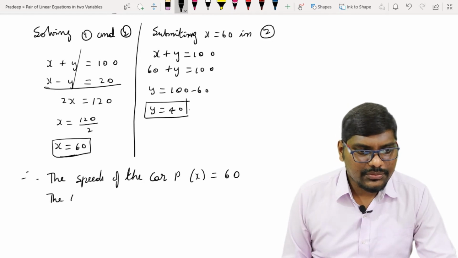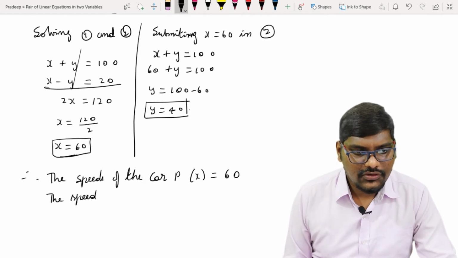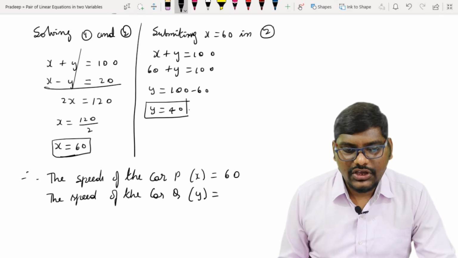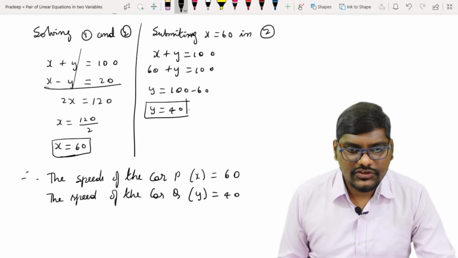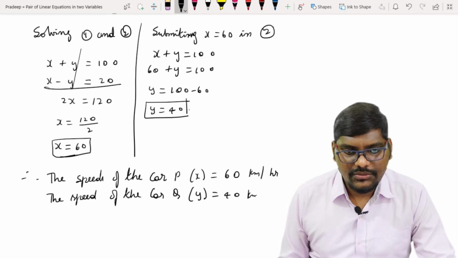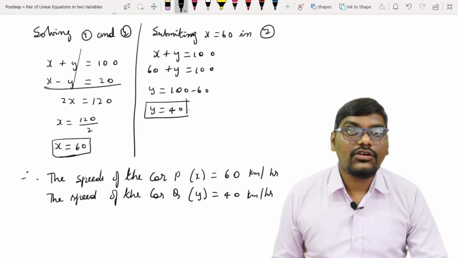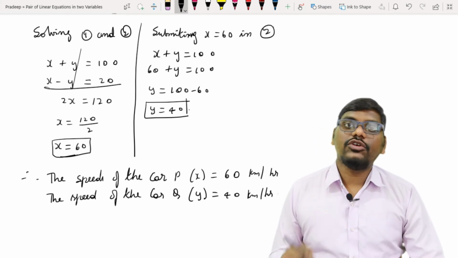Same thing we can write the speed of the car Q. The speed we have taken as y, that we got 40. Of course this is kilometer per hour. This is also kilometer per hour. So this is what they asked to find out, and we got the speeds of both of the cars.